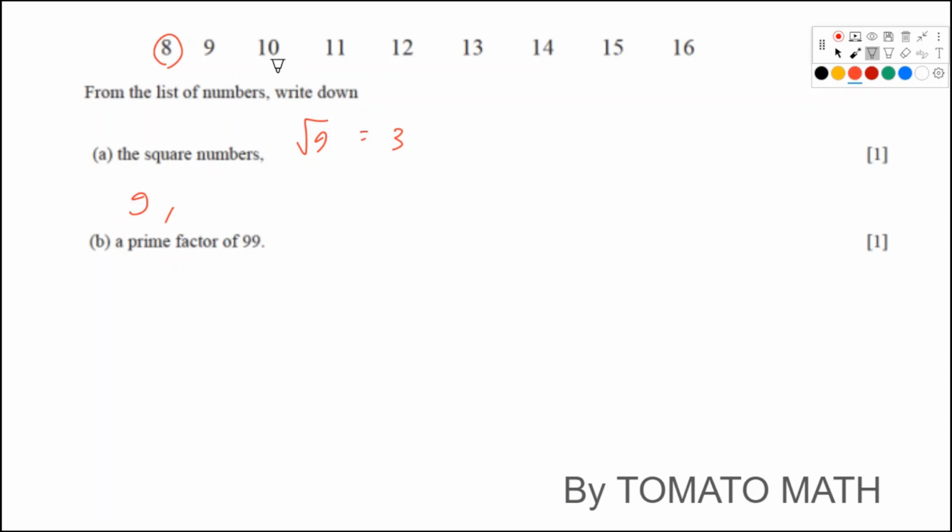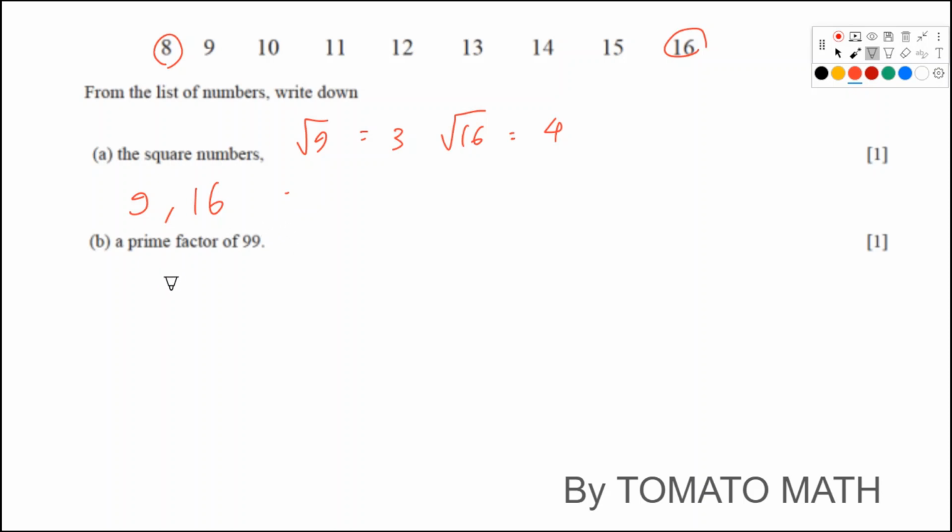If you input any of these numbers into the square root, you will get a decimal and not a whole number. Now 16, we know that 16 is a square number because the square root of 16 is 4. So 16 is also a square number.